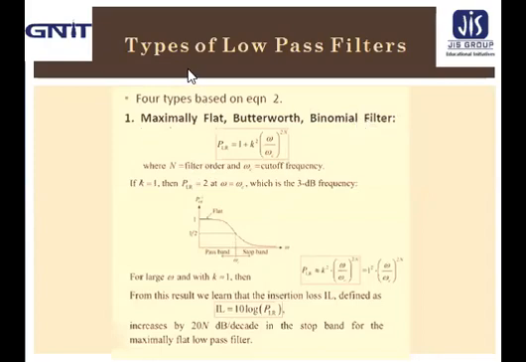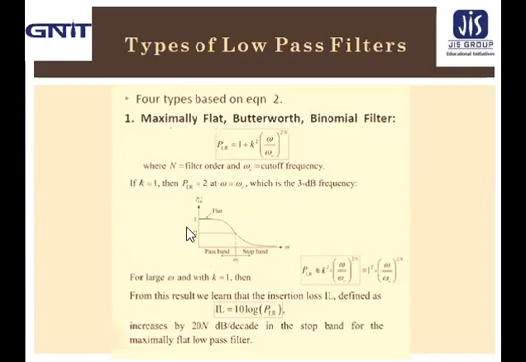Here the power loss ratio, PLR, equals 1 plus k squared into omega by omega c whole to the power 2n, where n is the filter order and omega c is the cutoff frequency. Now, if we consider k equal to 1, then PLR equals 2 at omega equal to omega c, which is the 3 dB frequency.